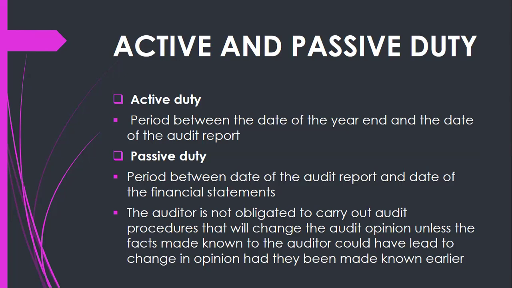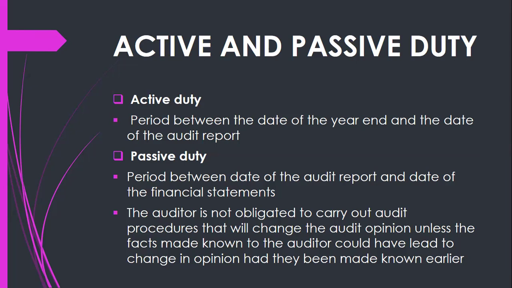Then passive duty is the period after the audit report is released to the date when financial statements are published, right? So in that period of passive duty, the auditor has no obligation to carry out procedures on financial statements adjustments whatsoever, unless the facts that are made known to the auditor in that particular period would have led to a change in the report, right?